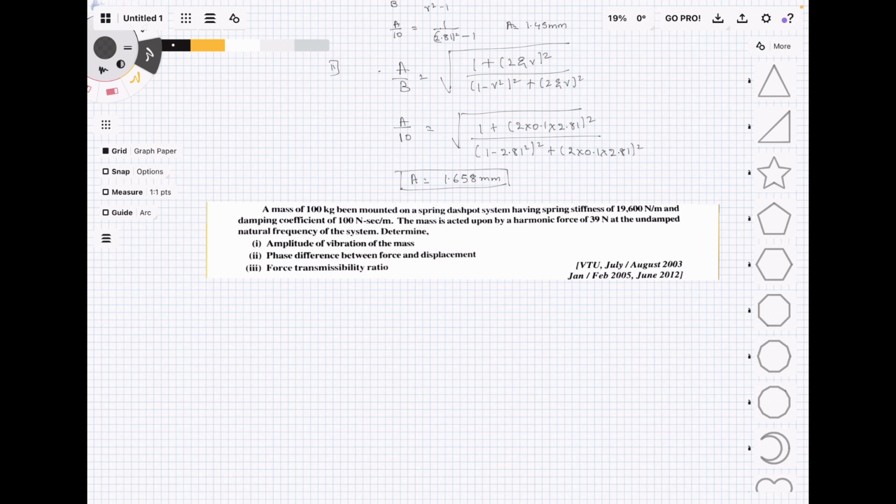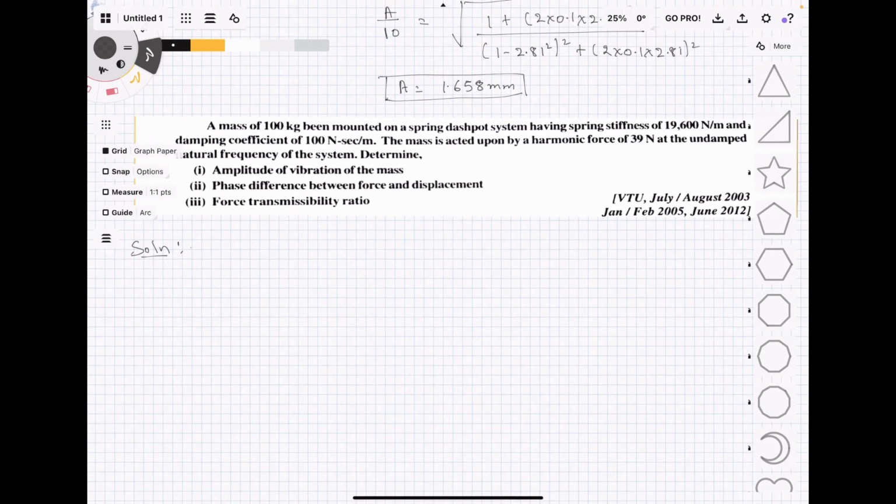Okay, so if we start solving this, the data which is being given is: mass of 100 kg. Stiffness of 19,600 Newton per meter.